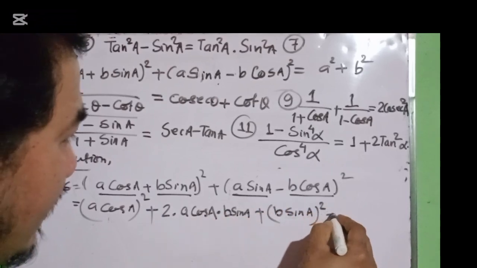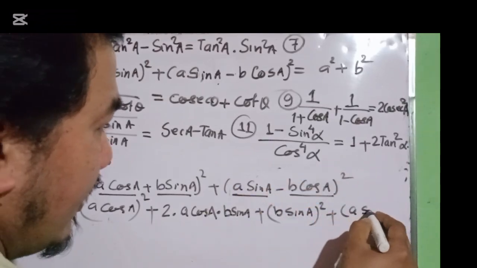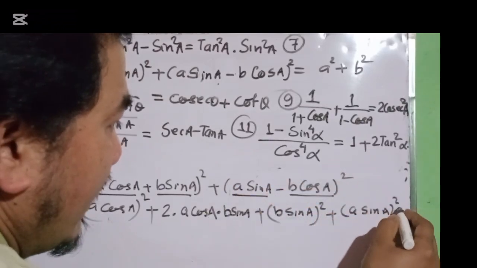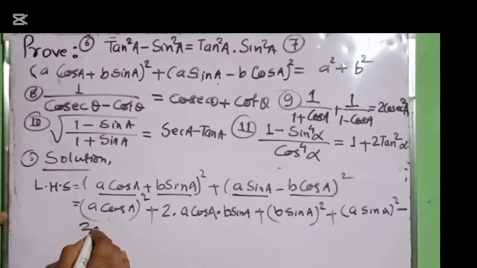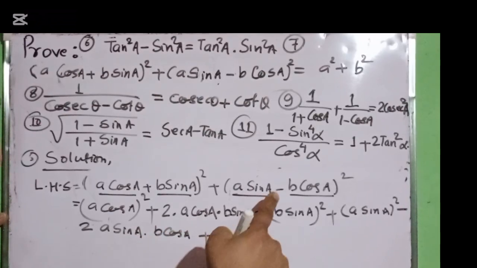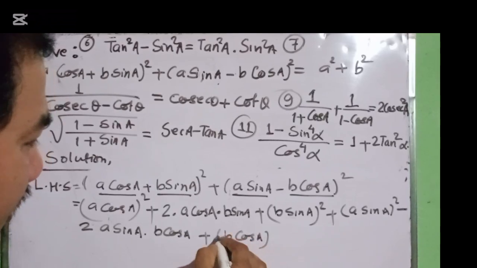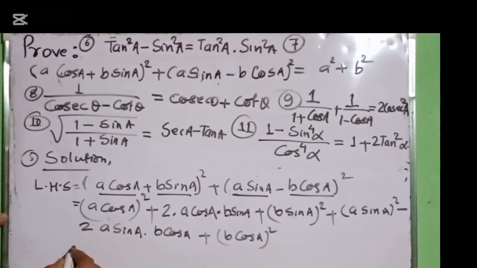Similarly, a minus b whole square means a square minus 2ab, where a is a sin a and b is b cos a, plus b square, meaning b cos a whole square. Now let's remove this bracket.